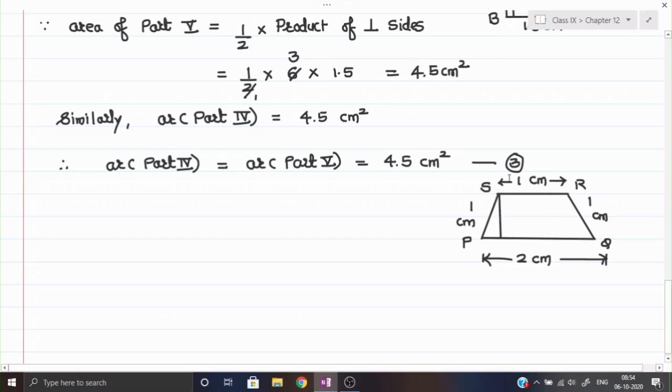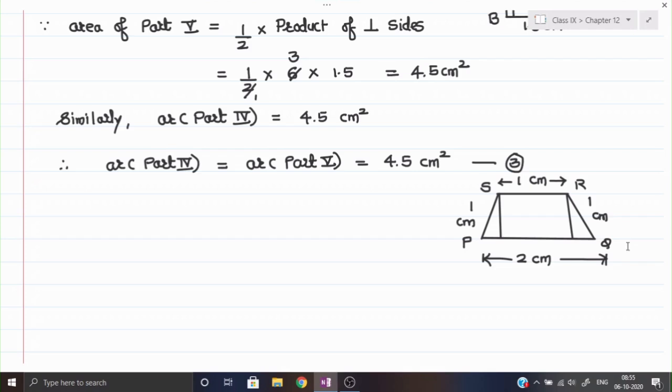So here we shall draw the two perpendiculars, one from the point S and second one from the point R. So here I am drawing two perpendiculars first, and now see, our figure is divided into three parts. The two parts are looking in the form of two triangles at the ends, and in between that one rectangle or square, whichever will be observed afterwards, is coming over here.